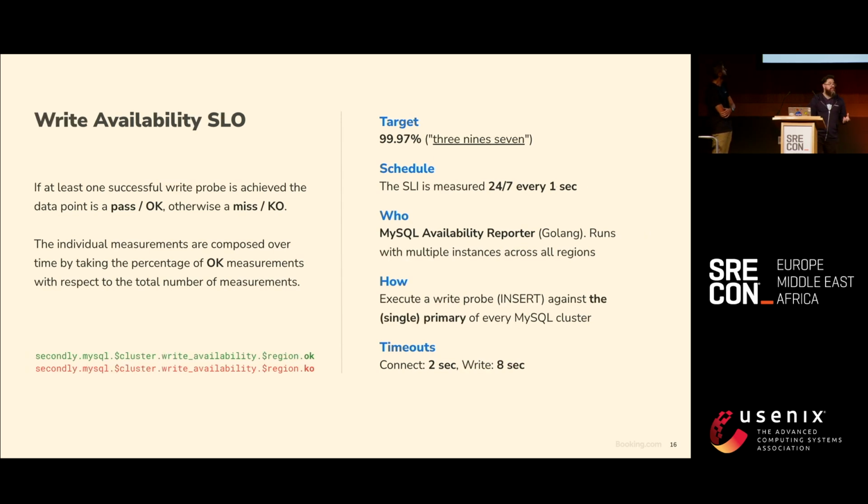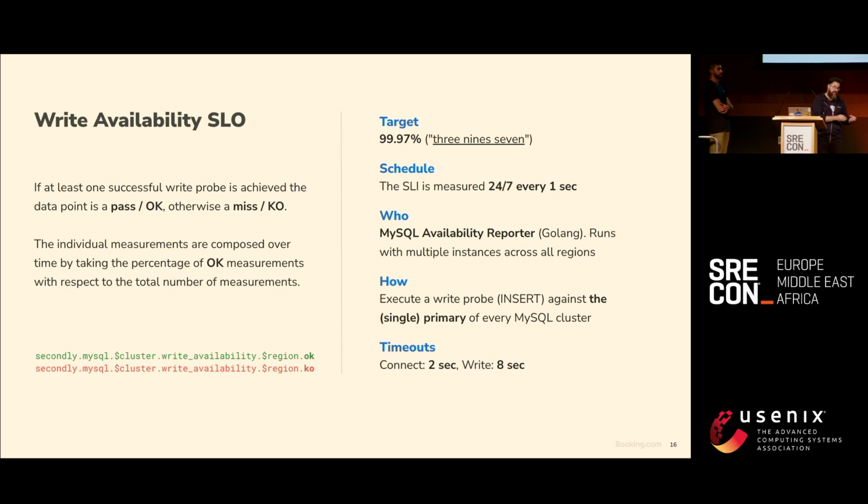For write availability, we have something quite similar, with the difference that the target is a little bit lower. We have 3 nines, 7. That's because we have only a single primary in our clusters, so we don't have redundancy for the primary. We will do switchover and failover more often, so we cannot offer the same. But how we collect the data is quite similar.